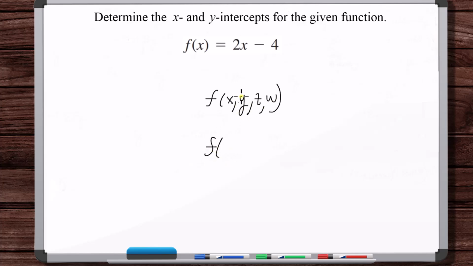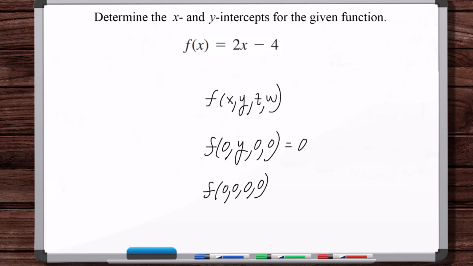Let's say we're trying to find where it intercepts the y-axis. Then you're setting all the other variables equal to 0, as well as the function equal to 0, and then solving this equation for y. Now, if you're trying to find where the graph intercepts the output axis, the function axis, then you're just evaluating the function with every single variable equal to 0.